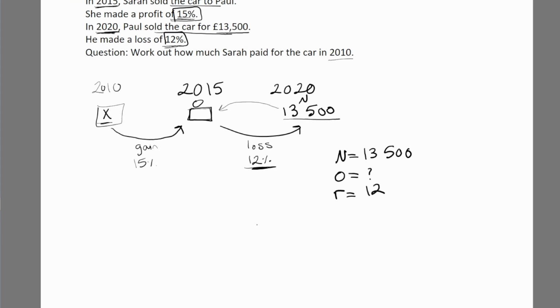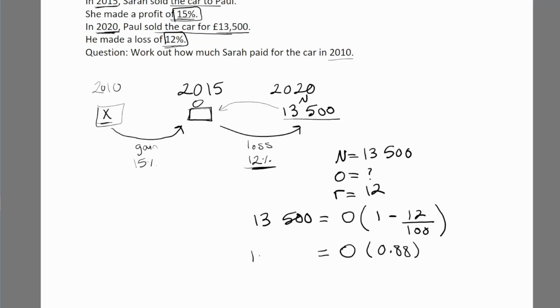So we're going to go ahead and say 13,500 is equal to old multiplied by 1 minus 12 over 100. And of course, we're using a minus because this is a loss. You can plug this on your calculator. It will give you 0.88. Now we're going to divide by 0.88.